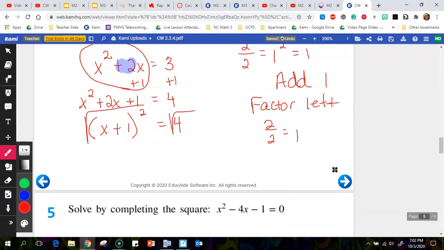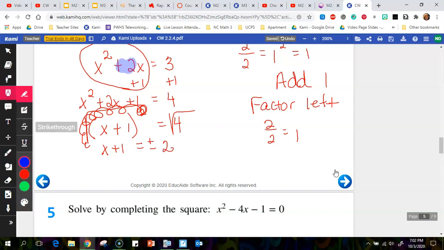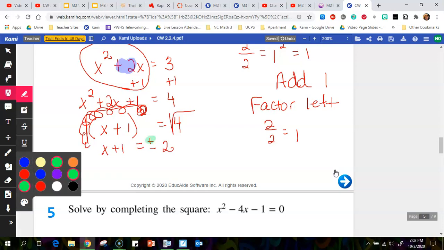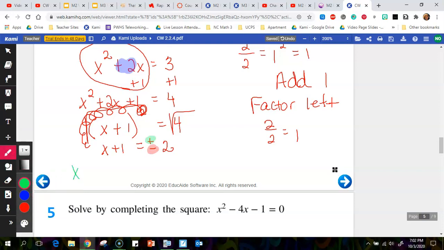Square root, square root. The square root gets rid of the exponent. X plus 1 equals plus or minus 2. Two different equations, because I've got the x plus 1; if it just was x equals, I'd just leave it. This is the positive and the negative. Positive side, x plus 1 equals positive 2, so x equals 1.